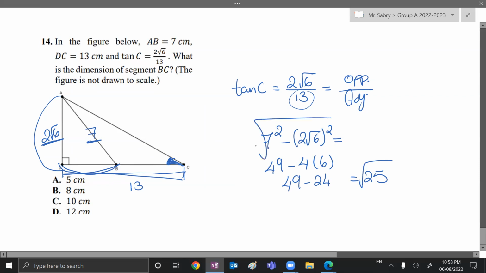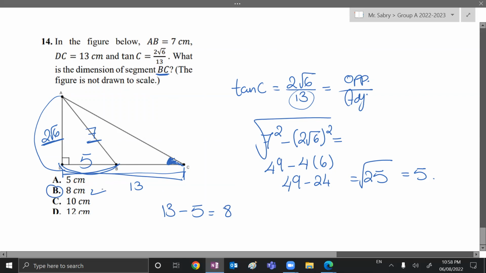Yes. Now the square root of 25 is 5, so the length of DB here is 5. If DB is 5 and the whole DC is 13, what's the measure of BC only? I'll remove the 5 from the 13, and that gets me 8 as the correct answer.